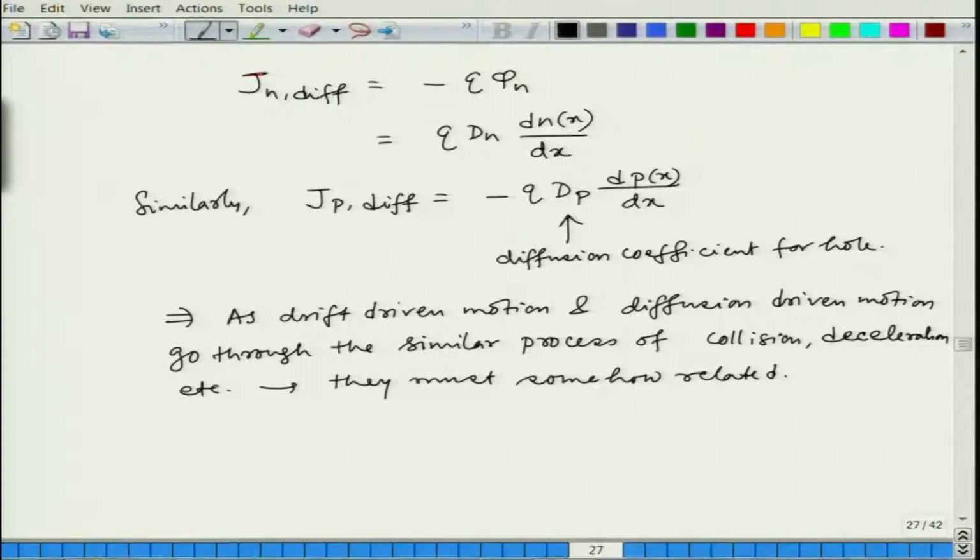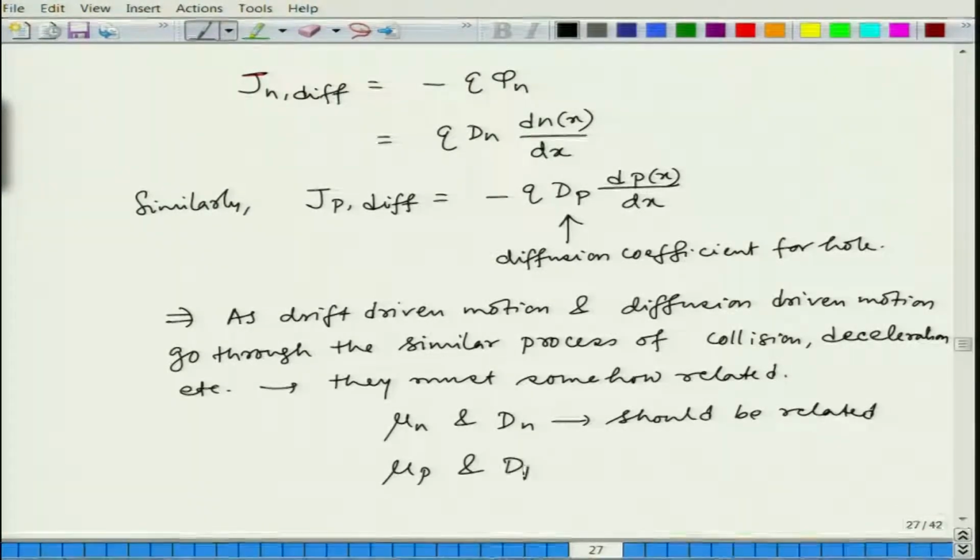And so, that means this mu n and D n should have some relationship, should be related, and similarly mu p and D p, isn't it. So, we will come back to this after we take a little detour, because we will need that detour to make this relationship possible.